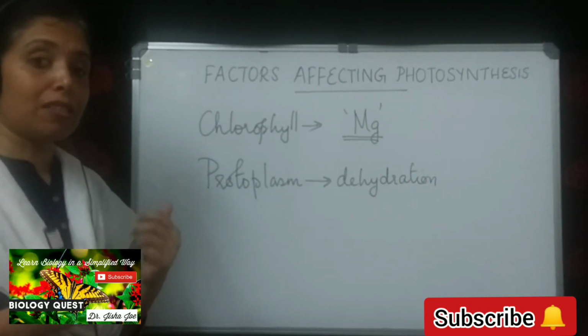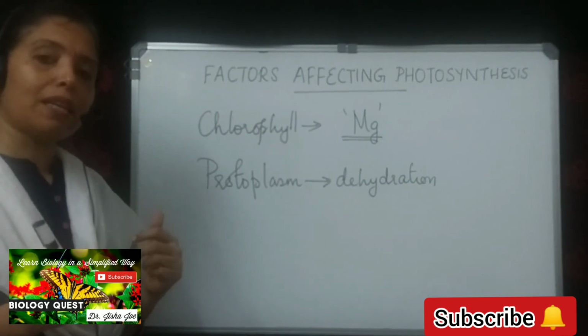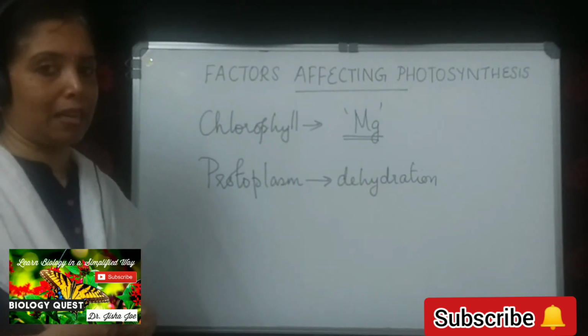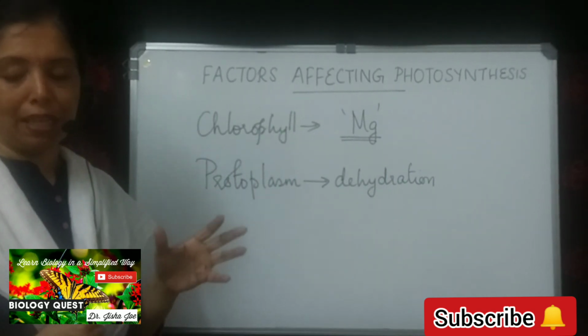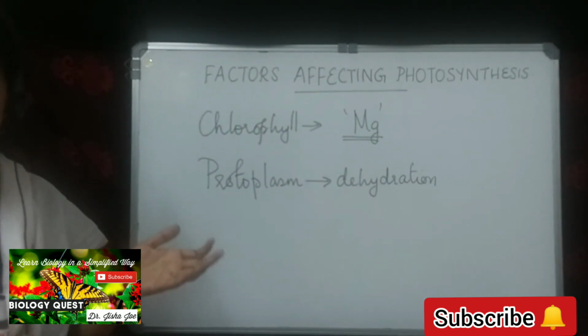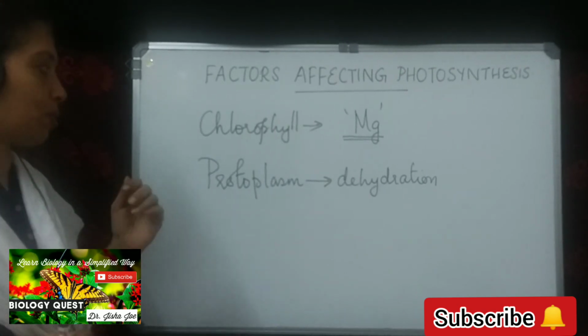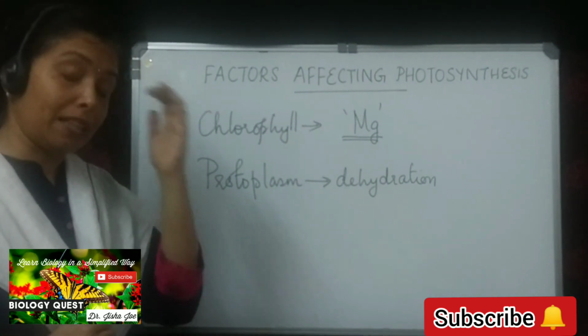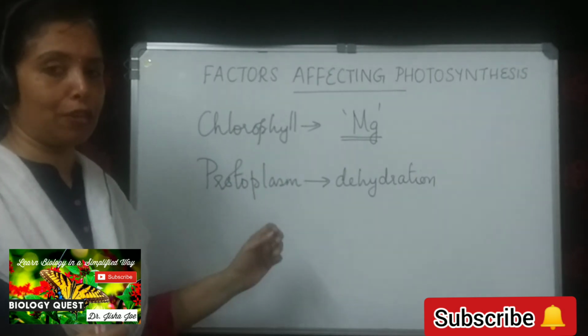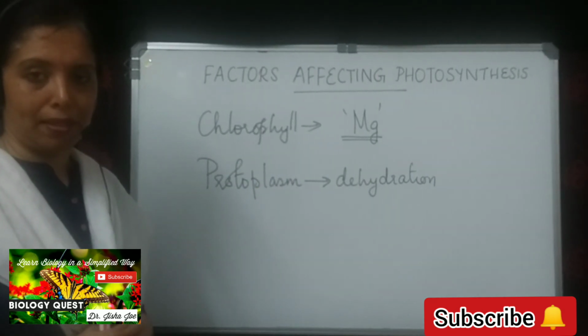So since it is not being used up, there is no further photosynthesis taking place there. So the accumulation of carbohydrates like starch and other sugars in the protoplasm can reduce the rate of photosynthesis.